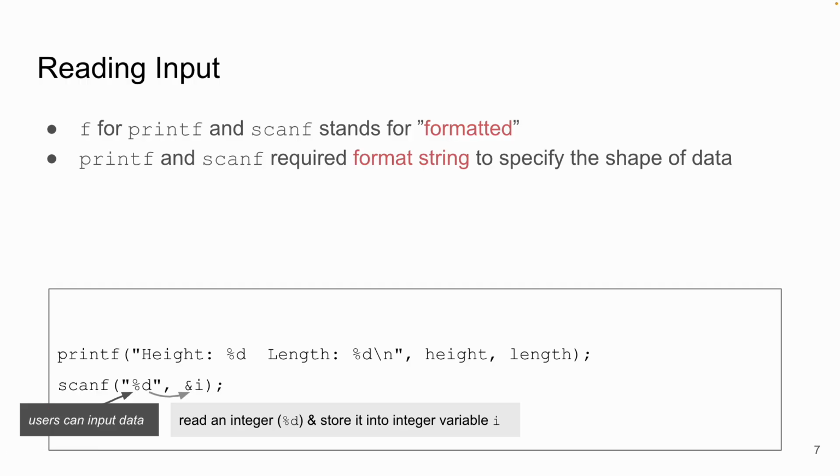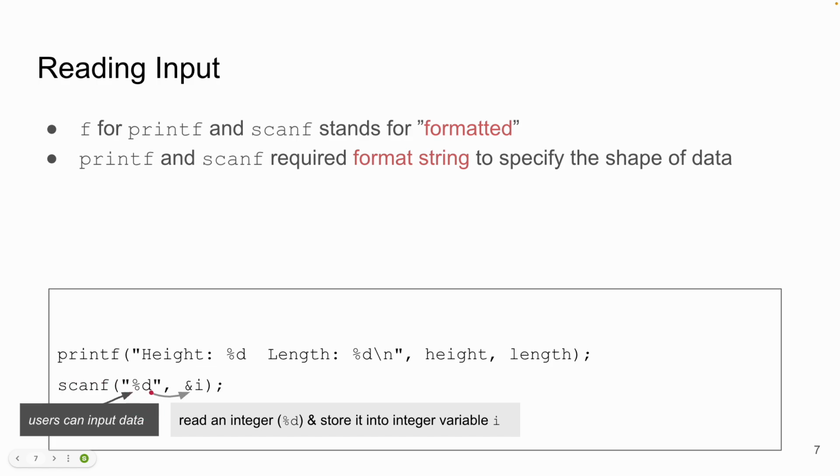So that is why we use %d, because if we expect the user to input a floating point value, we need to use %f instead. But in this case, we expect the user to input an integer value, so that is why I use %d.